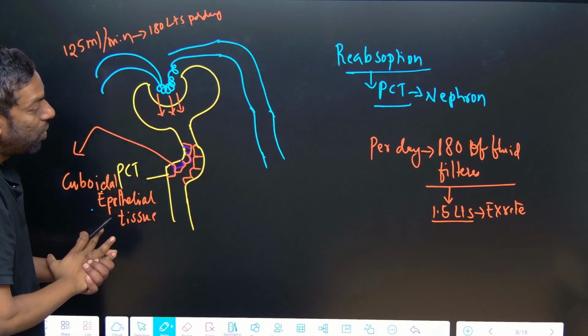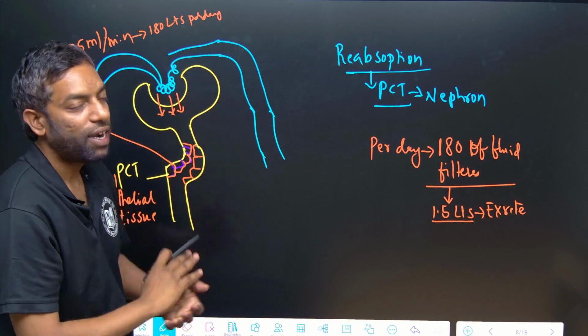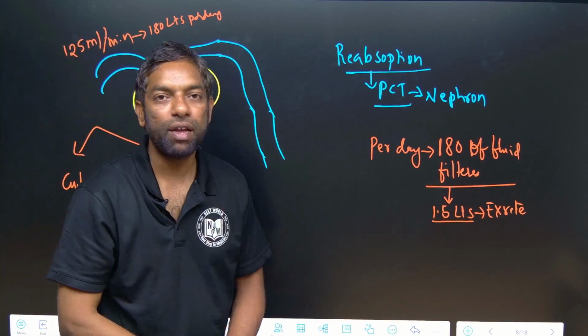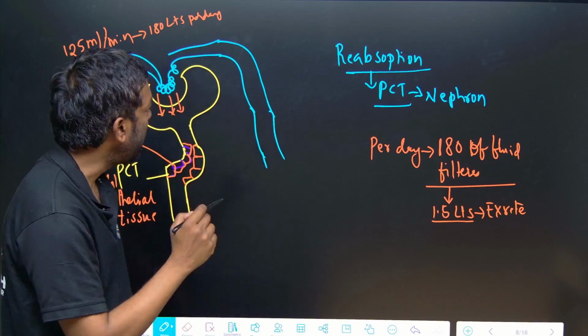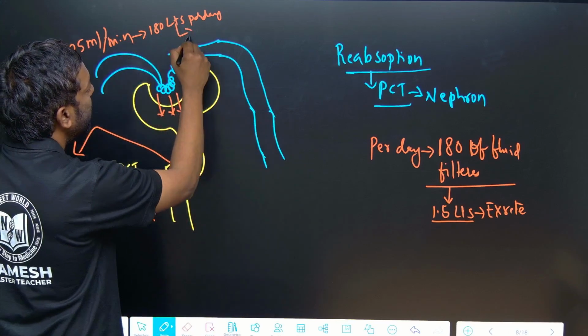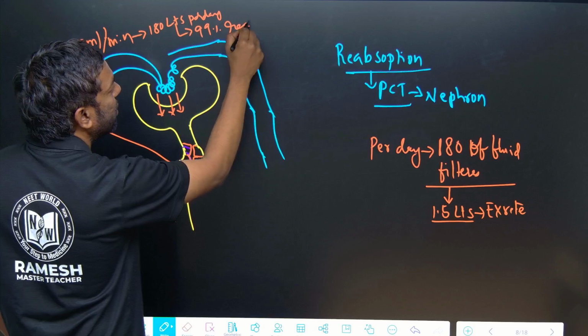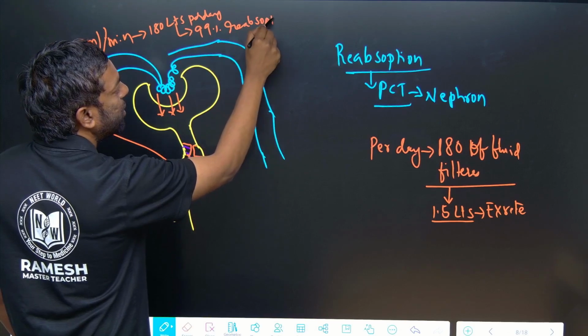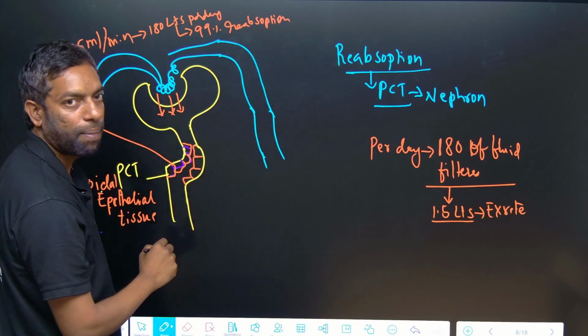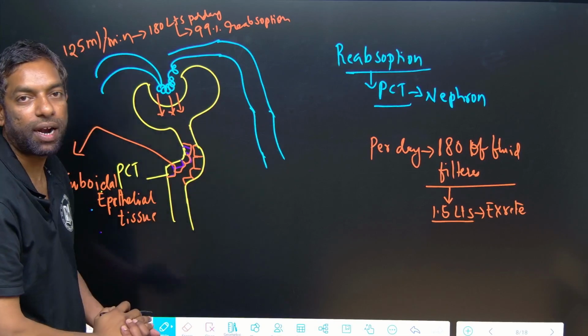So, of this 180 liters, we excrete only 1.5 liters, which means 99% reabsorption takes place in different parts of the nephron.